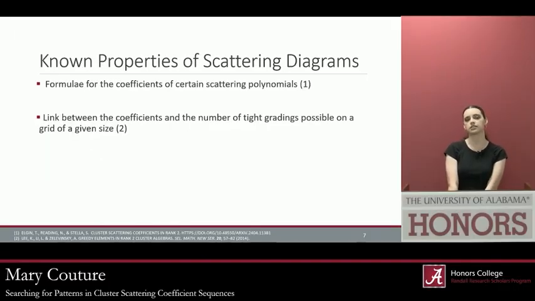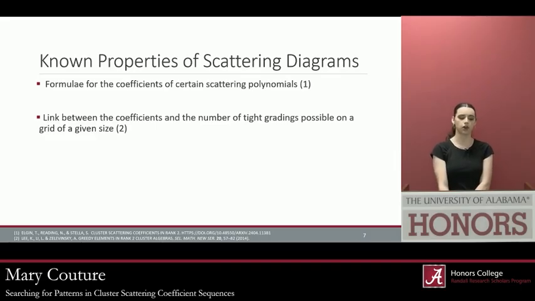Previous work has discussed many properties of scattering diagrams, several of which we use here. First, Elgin et al. have described formulae for the coefficients of very specific scattering polynomials. These formulae are somewhat difficult to derive, and so the ones that we have are fascinating and the topic of this research.